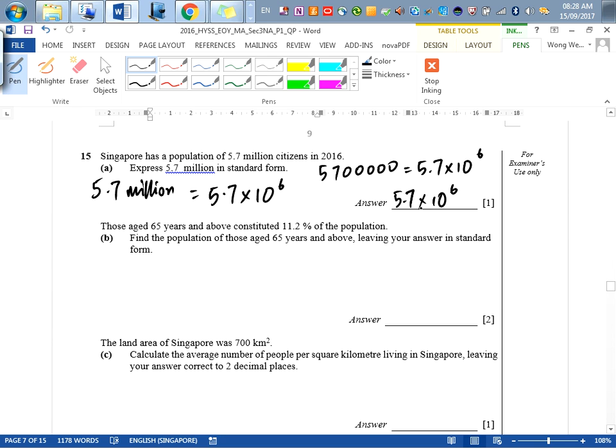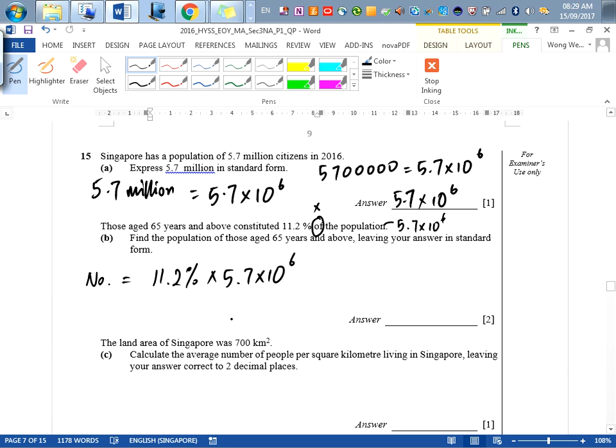Okay? Now, those aged 65 and above constituted 11.2% of the population. This 'of' over here refers to multiply. Multiply by the population. How much is the population? This is 5.7 times 10 to the power 6. Find the population aged 65 years and above, leaving the answer in standard form. So, the number equals 11.2% times 5.7 times 10 to the power 6.